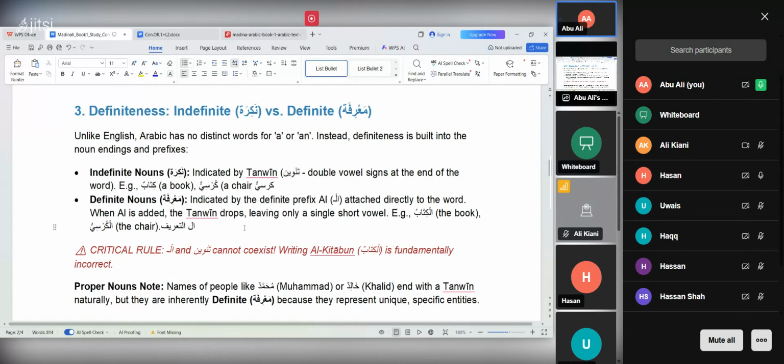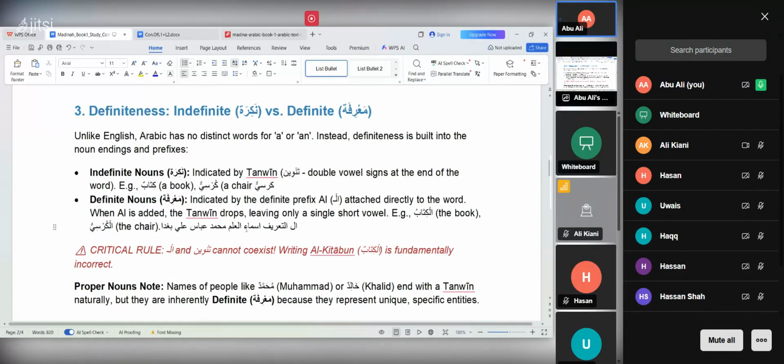Another thing is asma'ul alam, which is used to describe names or places. For example, Muhammad, Abbas, Ali, Baghdad.